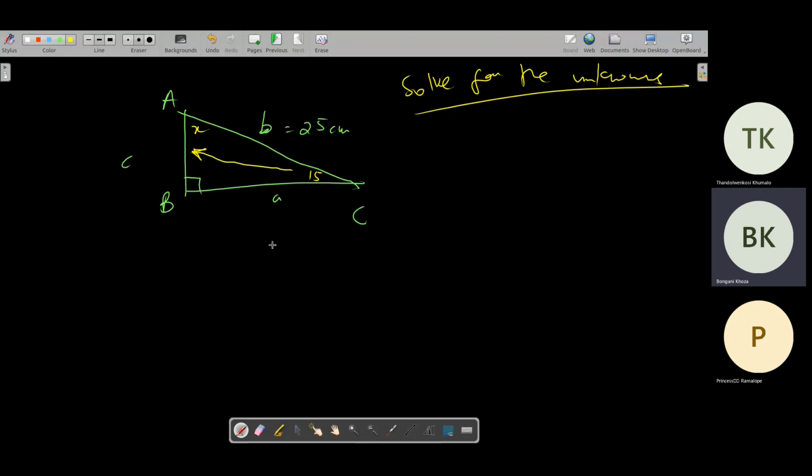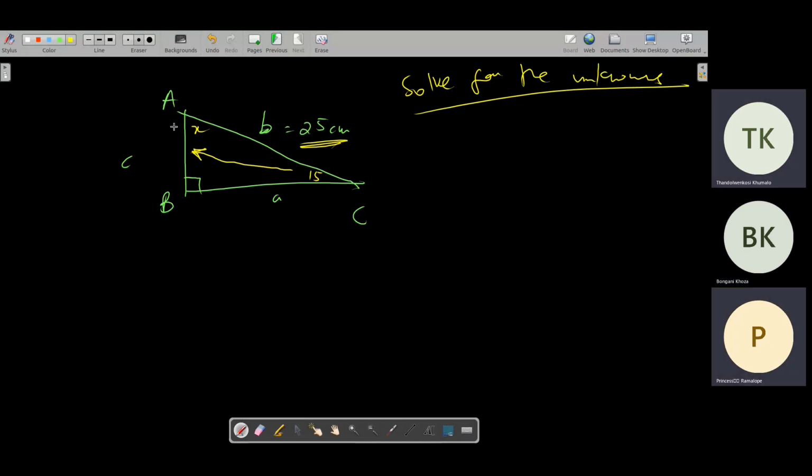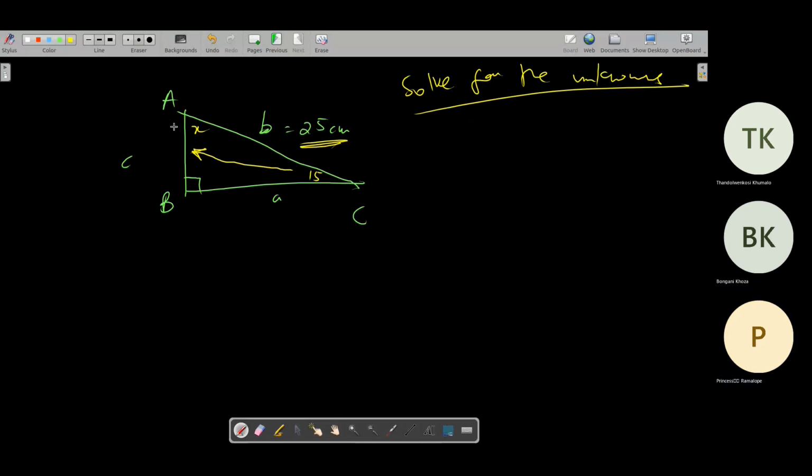Remember, we check. We do have the hypotenuse. So we have the hypotenuse, and we are supposed to find the opposite. So which trig ratio should we use? Opposite over hypotenuse, and that's sine. Yeah, sine. That's what we'll have.